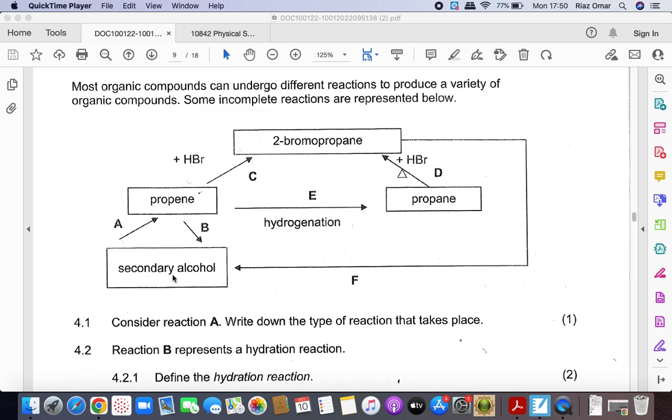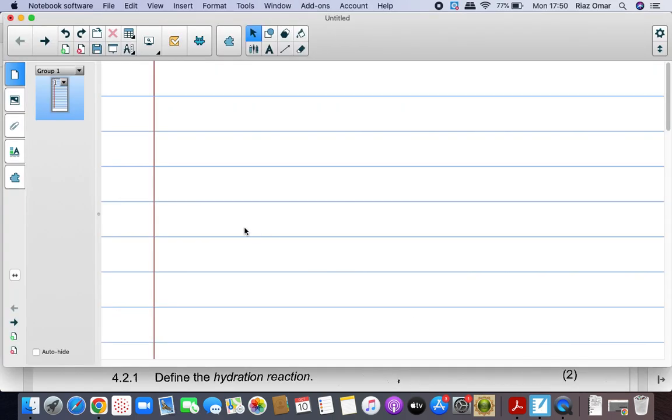So the OH group is removed, and you're getting a double bond formed. So basically the single bond is removed, OH is removed, and you're forming a double bond. So what are you doing? Getting rid of the alcohol is dehydration. It could also be elimination, because you're going from a single bond into a double bond. So we can say elimination.